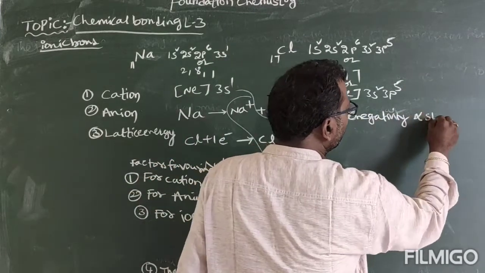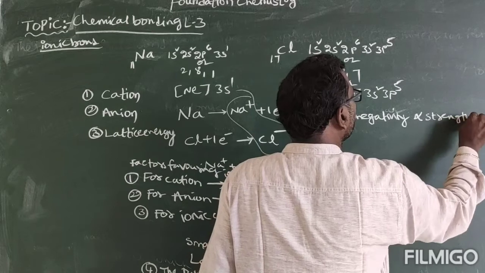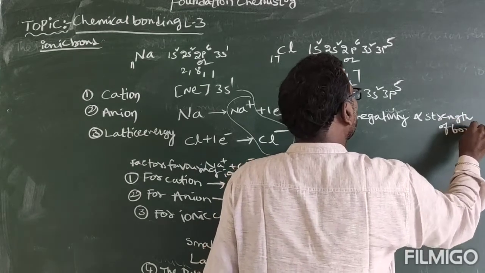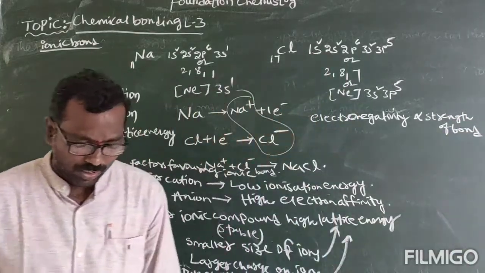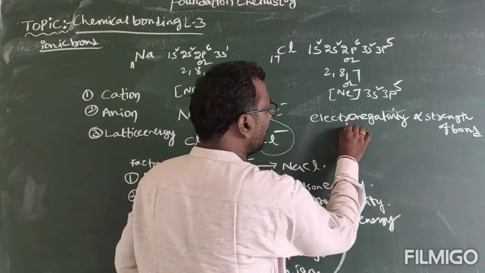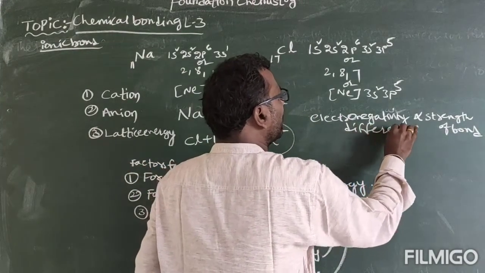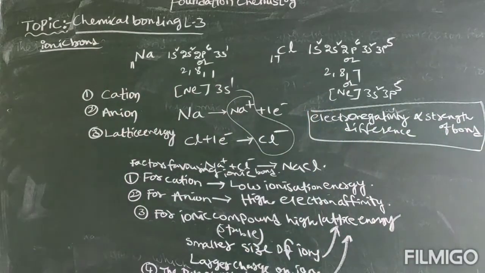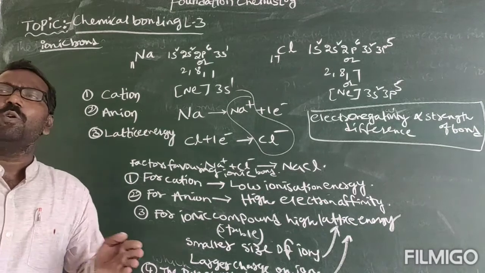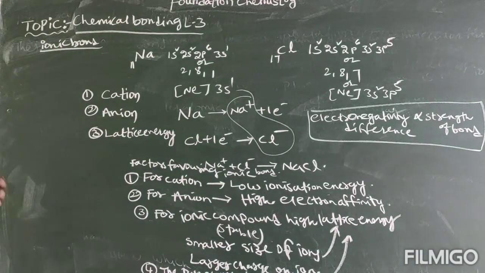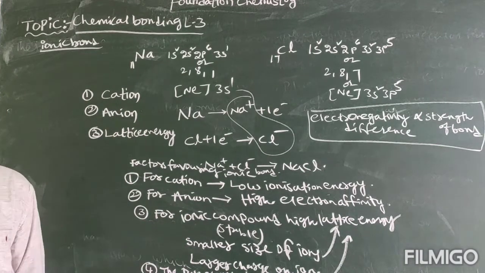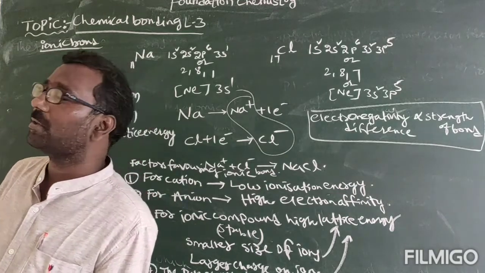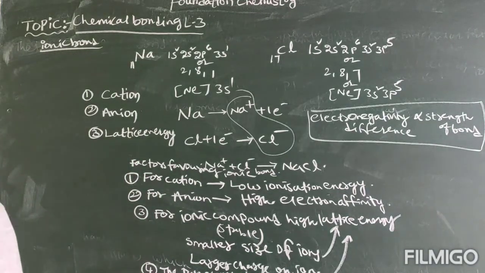Let us consider that the electronegativity difference in NaCl is 1.9 and the electronegativity difference in MgCl2 is some 2.5.